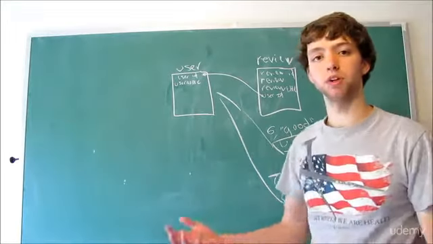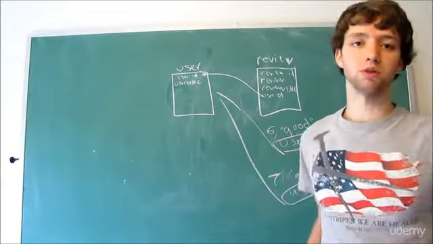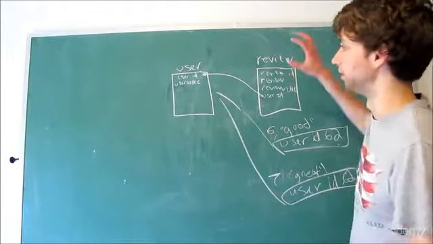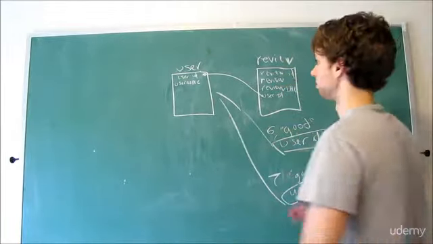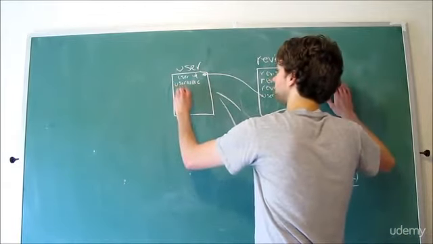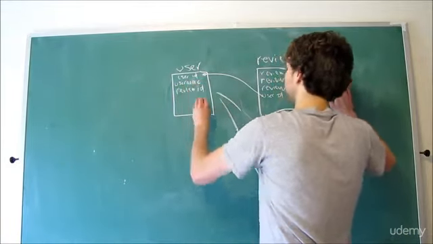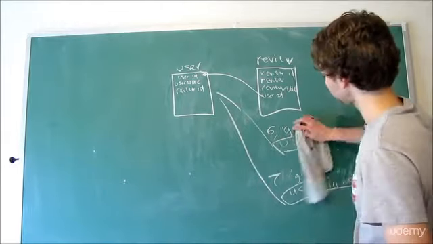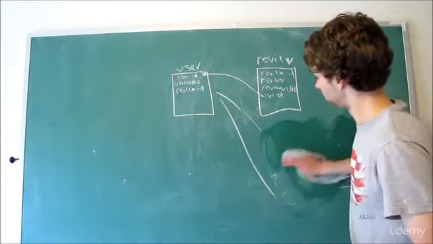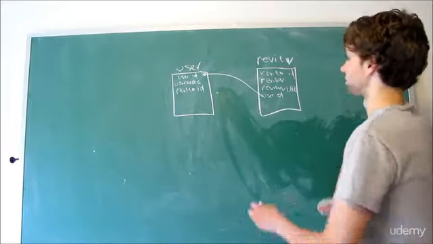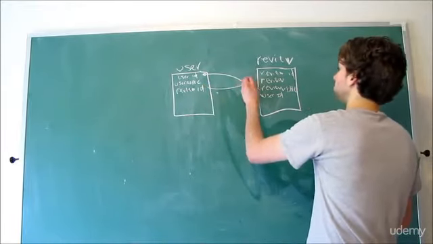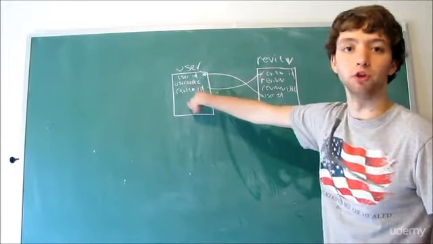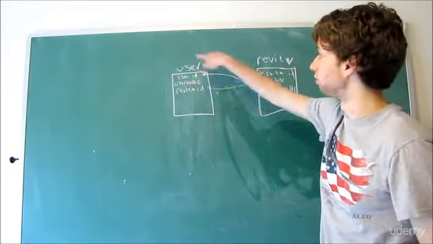If we wanted it so a user can only post one review, well then we need to put the review ID in the user table. So now we have this sort of double connection thing here. Because this review ID connects it. So it's saying only one review ID can be from the user.